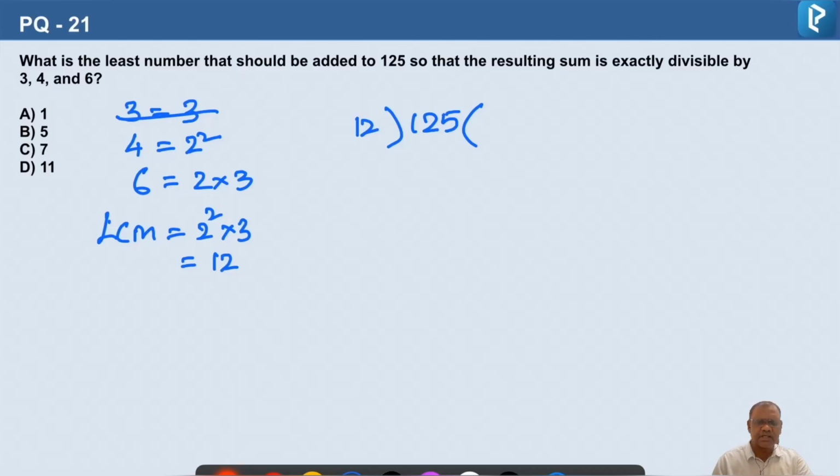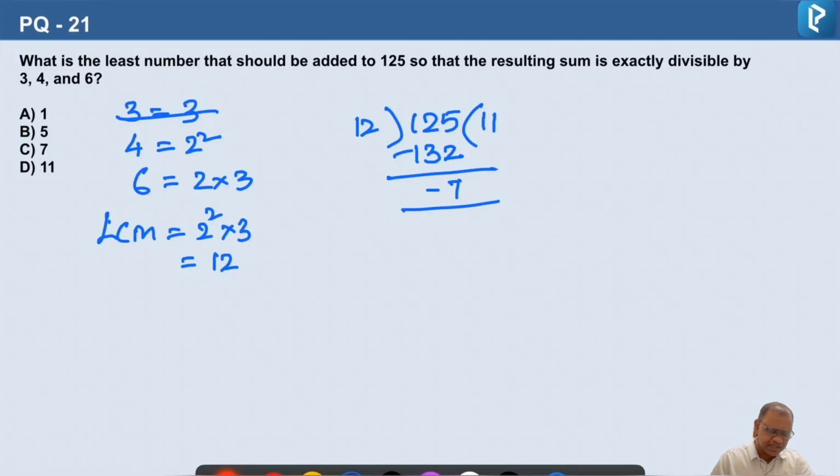So we should find the next number after 125, so we take 12 elevens, 132. If you subtract, how much do you get? Minus 7. So that means 7 should be added to 125.